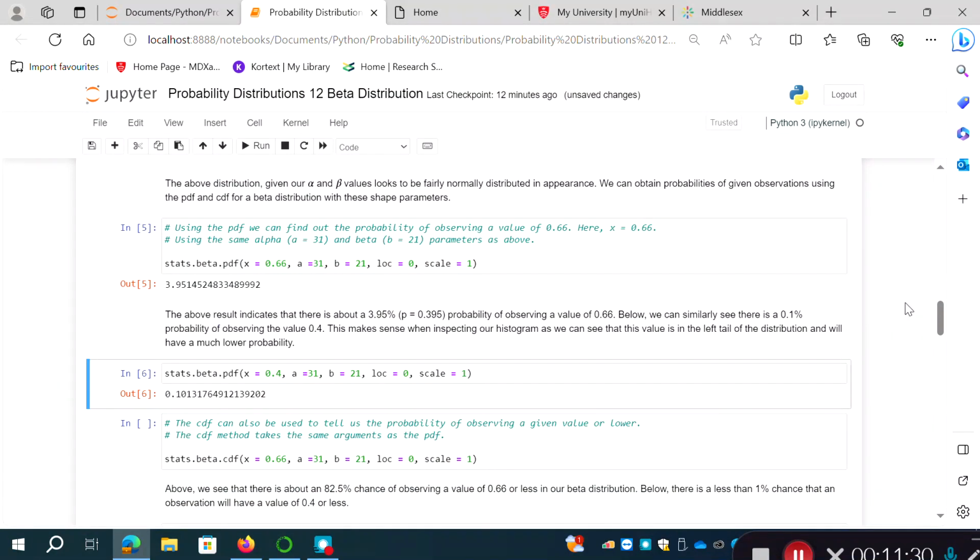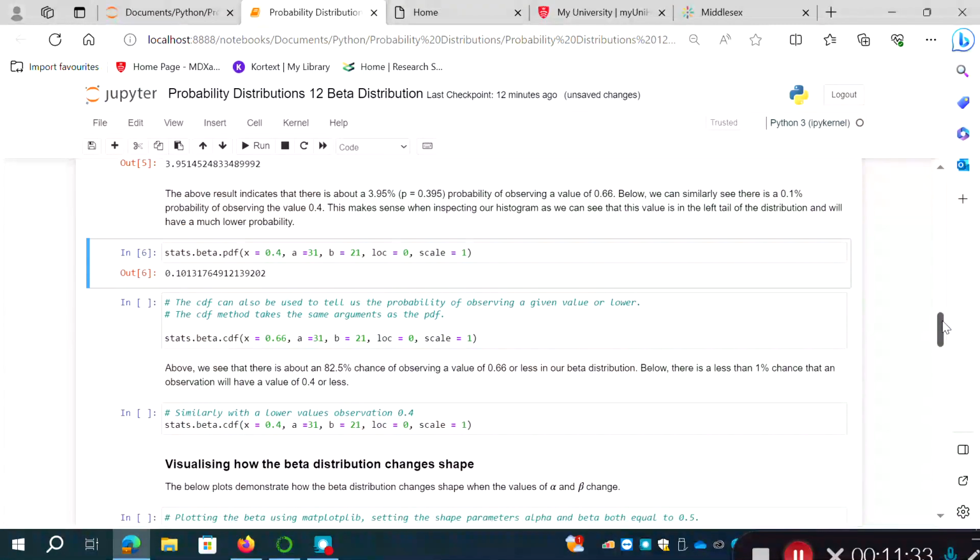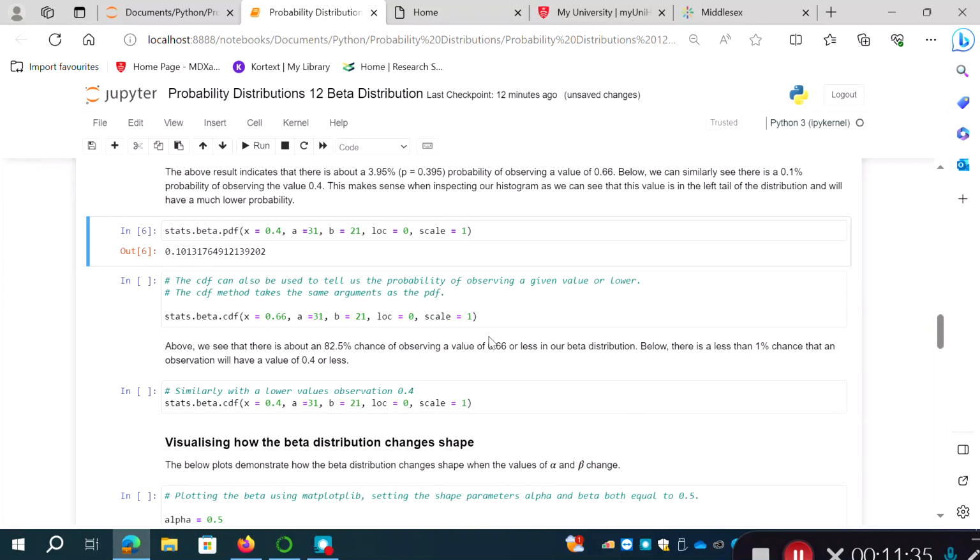So the CDF, the cumulative distribution function, can also be used to tell us the probability of observing a given value or lower. We've used the CDF a number of times, and all I'm doing here is replacing the .pdf method with the .cdf method, and we're using the same arguments as when we called the PDF method.